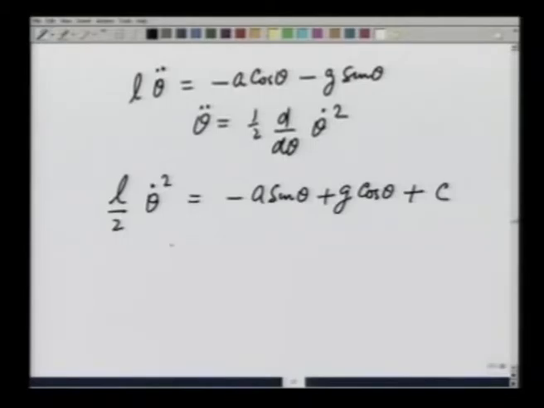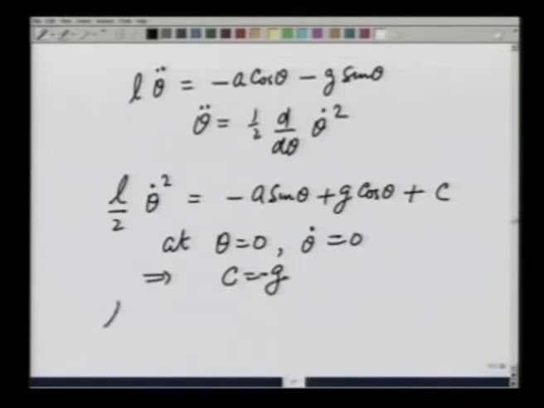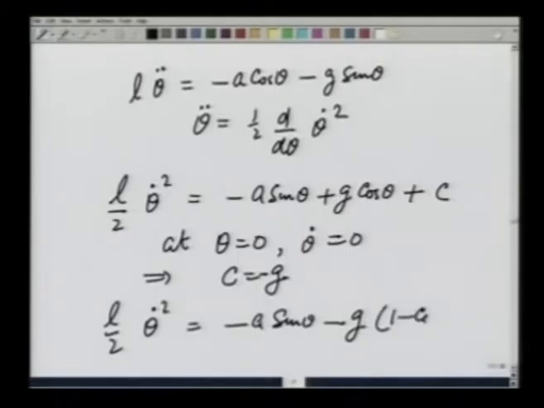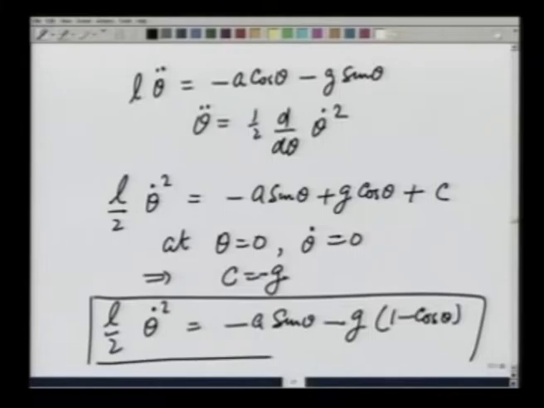However, at theta equal to 0, when it started, theta dot is equal to 0, and that gives me c equals minus g, and therefore L by 2 theta dot square comes out to be minus a sine theta minus g 1 minus cosine of theta.